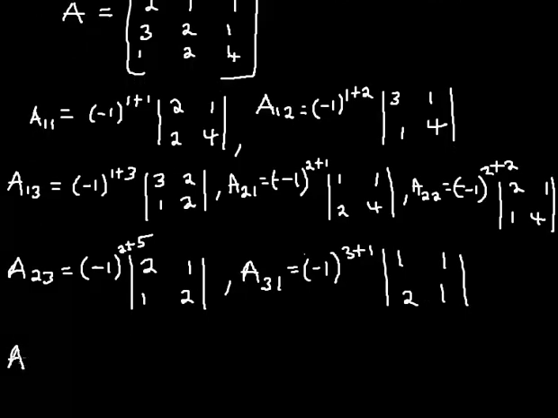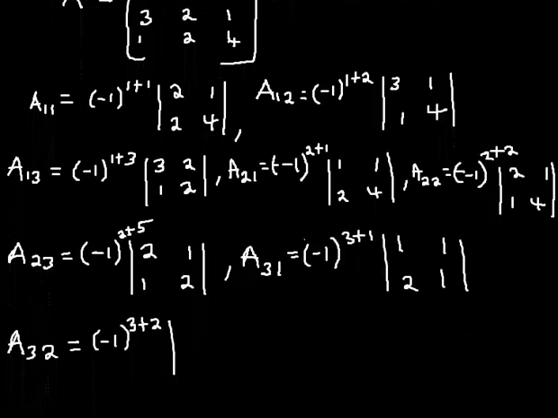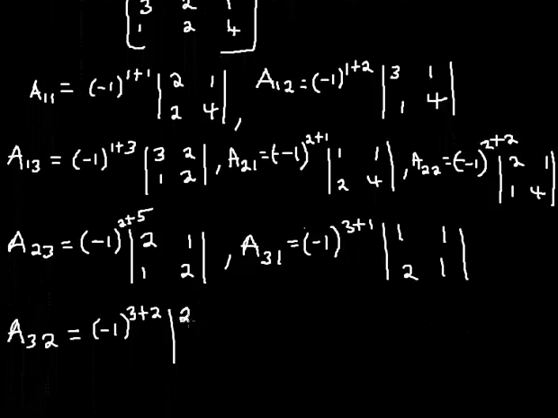Okay, a32, minus 1 raised to the power of 3 plus 2. Cross this, you're left with 2, 1, 1, 1.